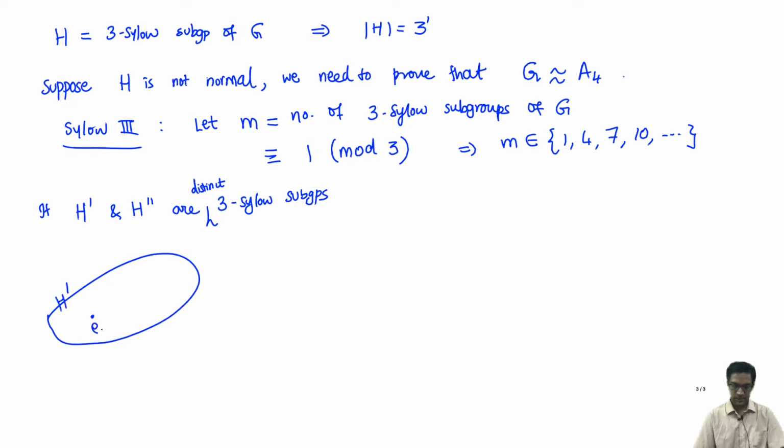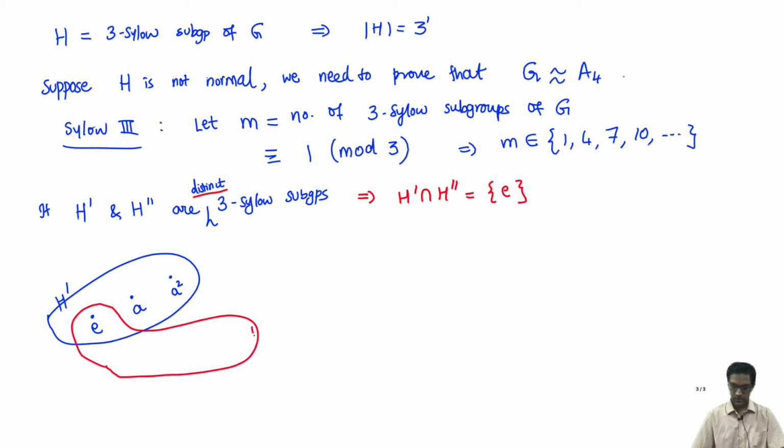What does it have? It's got an element E. Let's call the other two elements A and A square. It's a group of order 3, so it's got to be cyclic. Now I take H double prime, which is another such group. The point is that if these two subgroups are distinct, then their intersection has to only be the identity. So I can only get H double prime looking like this. There should be another B and a B square.